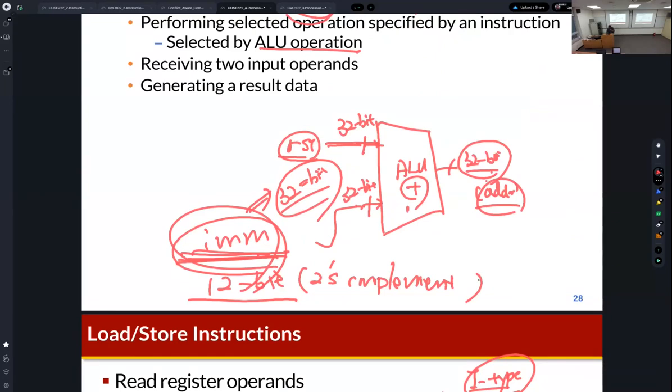The immediate number is extended to 32 bits, and then this 32-bit data is given to the other port of the ALU. Then the ALU performs the add operation. You can generate the address for load word or store word. You understand?